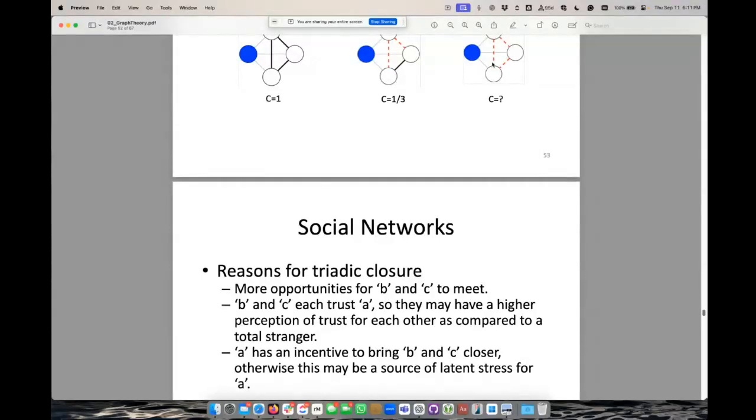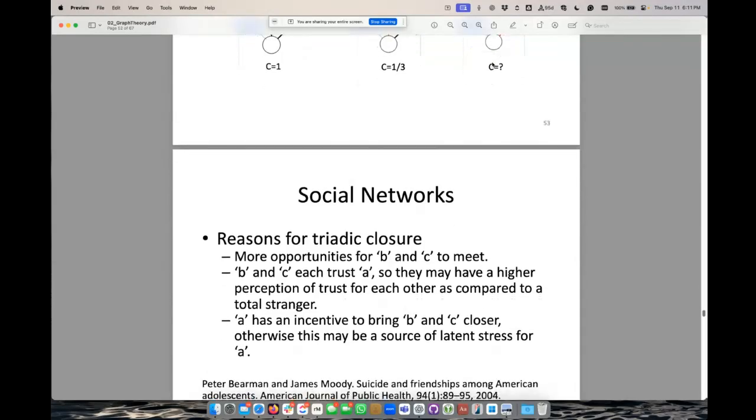So it just adds a little bit of stress on A. So A also has an incentive to bring B and C closer. Hence, these triadic closure properties are very well maintained in social networks. And that's also one of the reasons for these social networks to have these local cliquish properties.